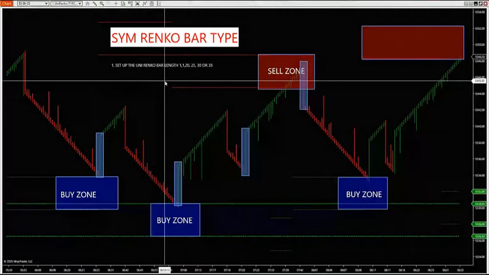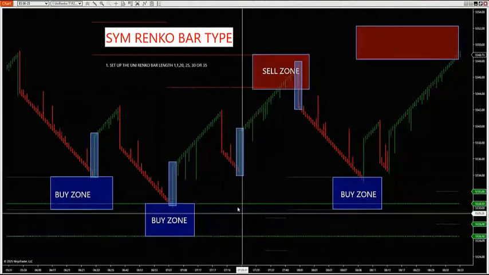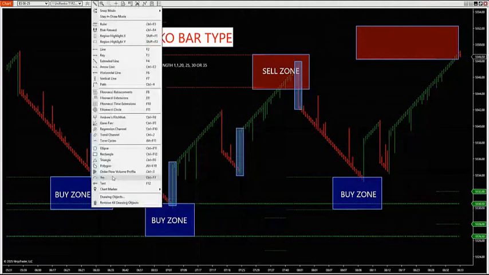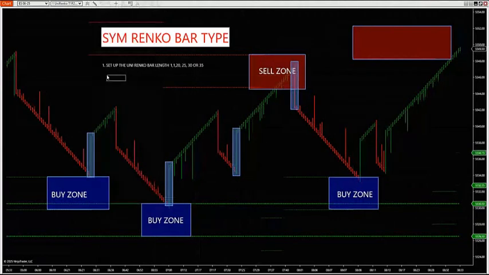Second thing you're going to do is enter two indicators, or an indicator. You want to insert the Sim outer edge. It's our proprietary indicator that has a Sim Renko bar type built in.